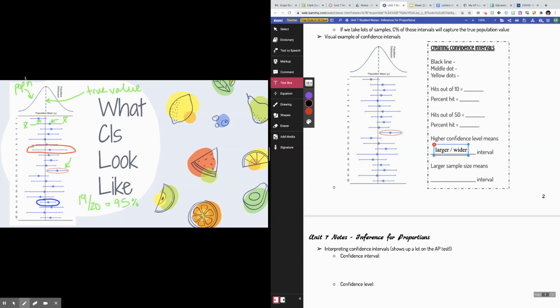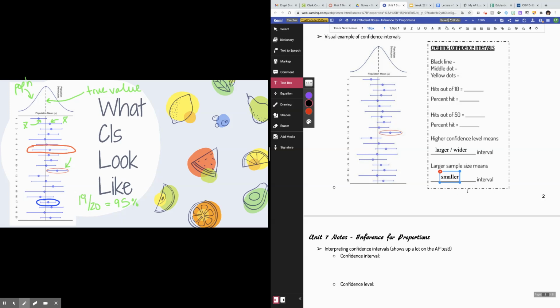Okay. So higher confidence means you need a wider interval. Okay. And then in general, a larger sample size means a smaller interval. And when I show you the formulas for how we calculate sample size and how we calculate margin of error and all that fun stuff, you'll kind of see why that is.